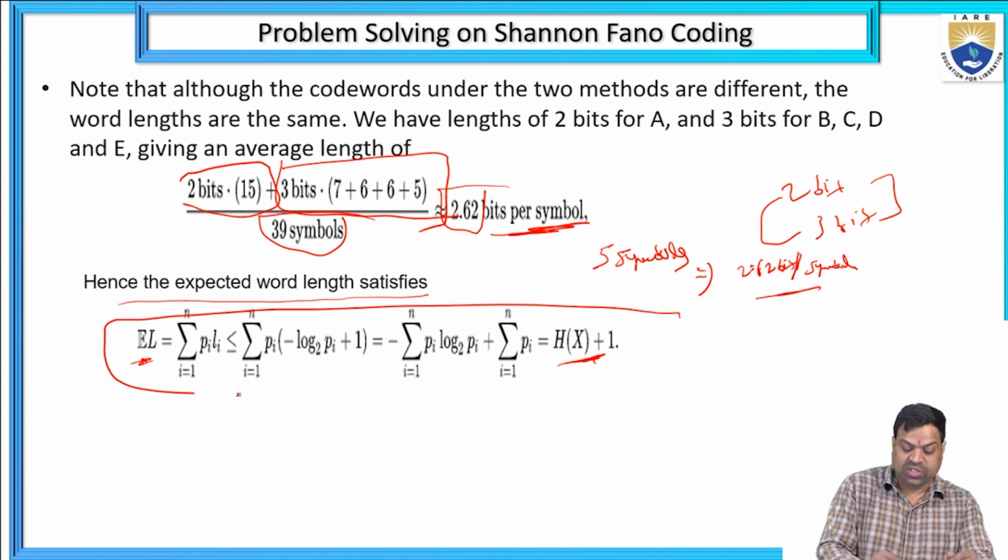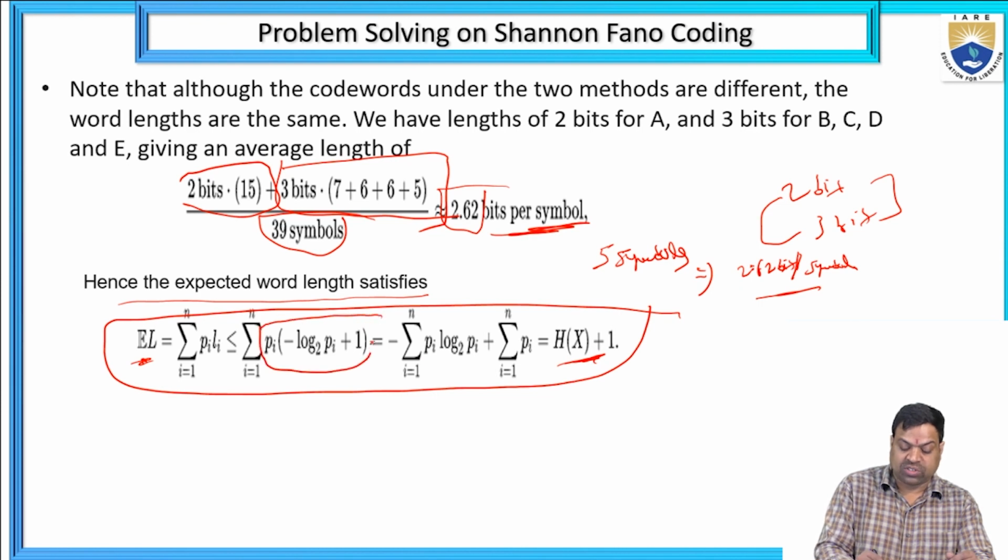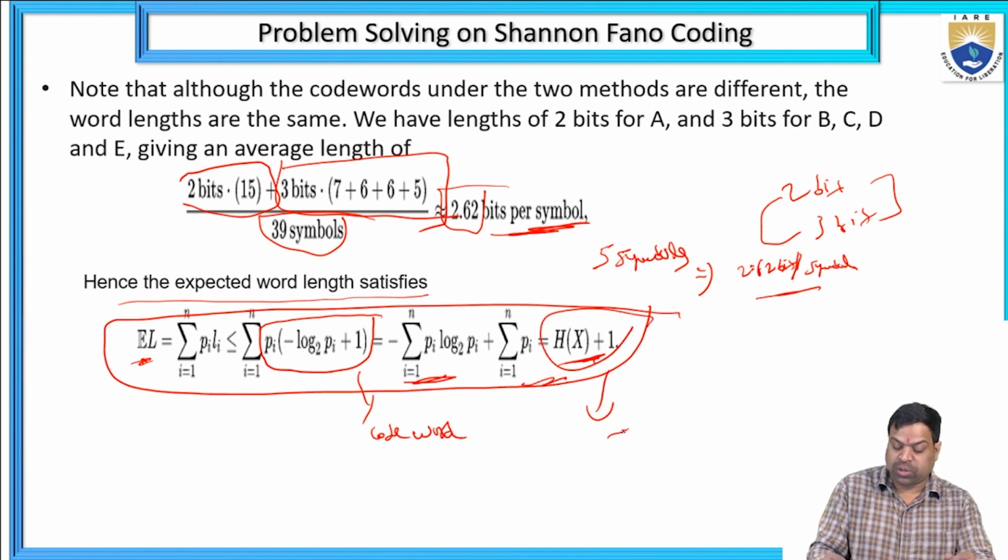That is the formula. It is H of x plus 1, the total probability, so 2.62 bits per symbol into 5.